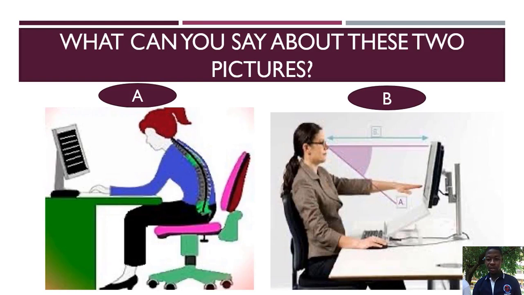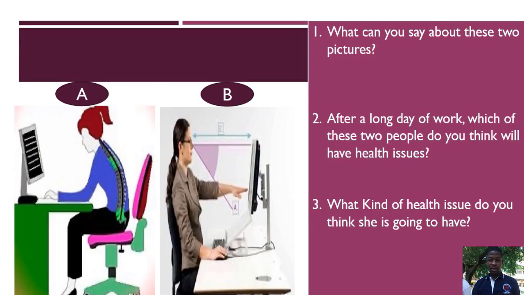What can you say about these two pictures? That's picture A and picture B. In picture A, you can see that the sitting posture of the lady is bent towards the monitor and her back is not on the chair. After a long day of work, which of these people do you think will have health issues?